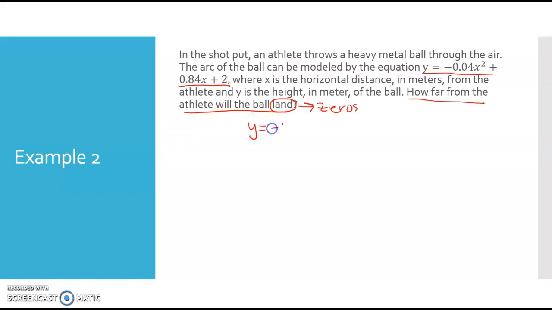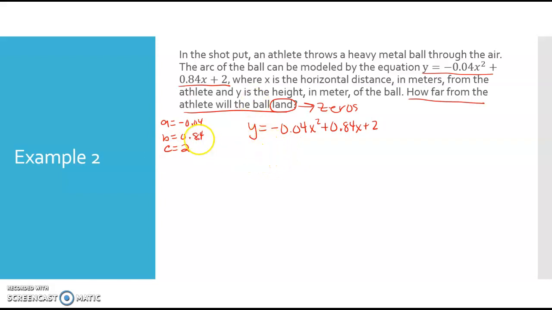Y equals negative 0.04x squared plus 0.84x plus 2. And then I'm going to list out my A. A equals negative 0.04. B equals 0.84. And C equals 2. So just like before, I'm going to plug in.